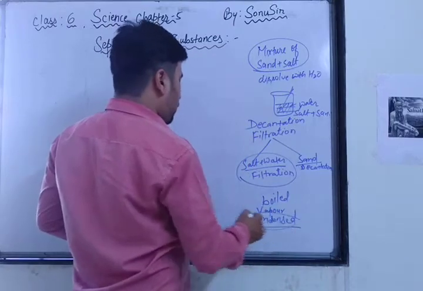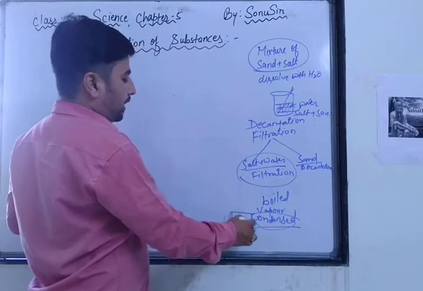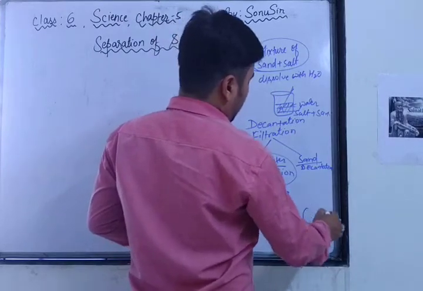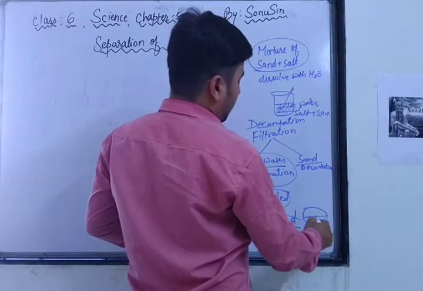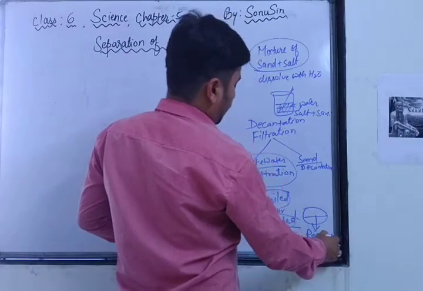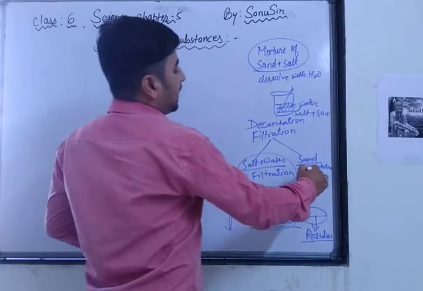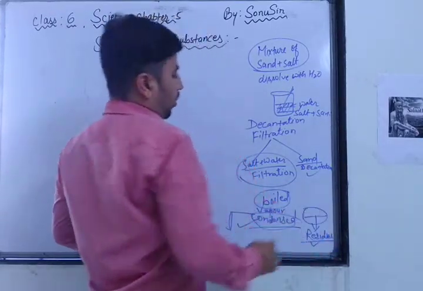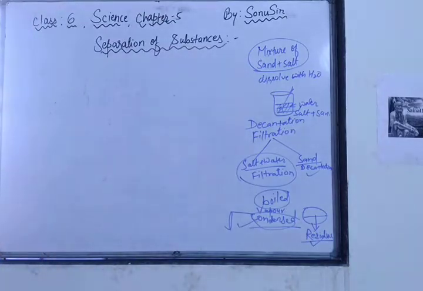So all the water had been separated with the help of condensation, and after boiling it, whatever residue was left in the kettle, that residue was only your salt. So you have seen that we have separated sand, we have separated water, and we have separated salt also. By this method we can separate. So that was the use of more than one method of separation.